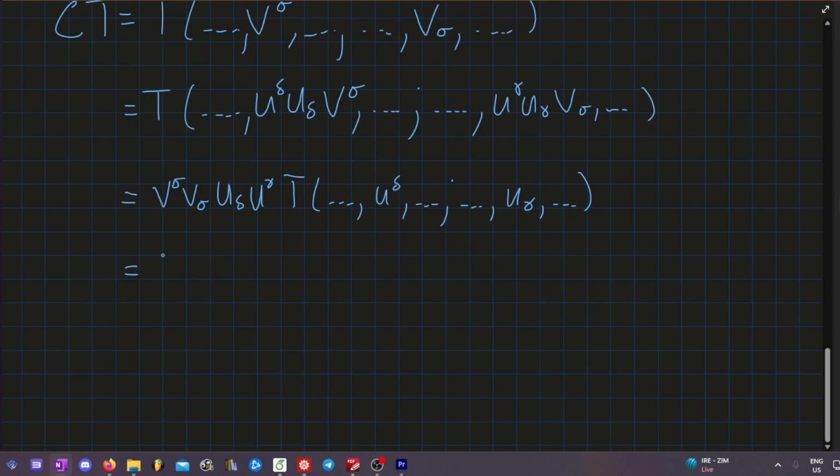Now, this is just going to be 1, and this is going to be a delta between delta and gamma. So we'll just apply that in rewriting T here. So T, we're going to apply it to the first T we see. So we'll let this become u gamma. And then we get u lower gamma here. And we'll notice that this is nothing other than the contraction of T that we started with.